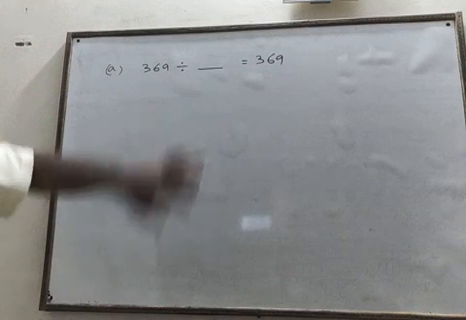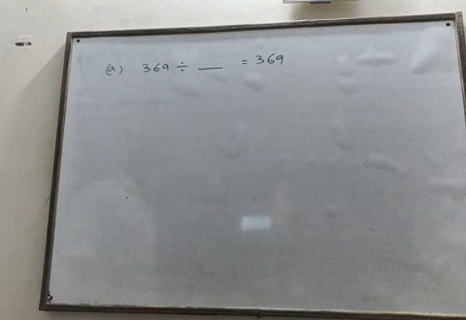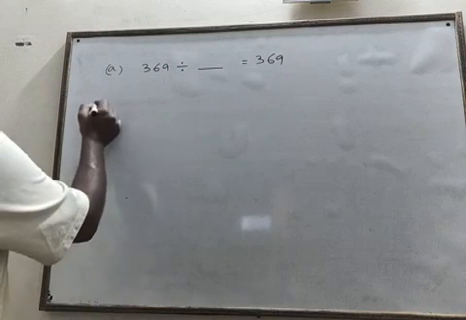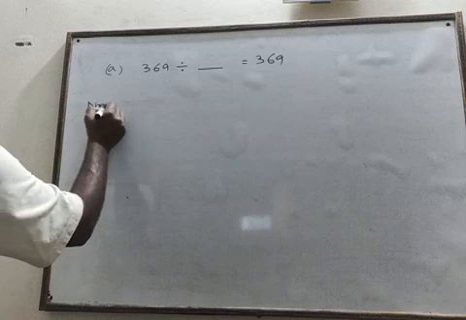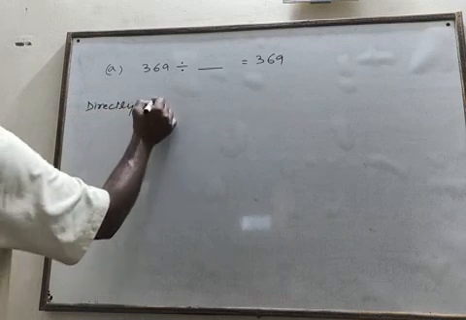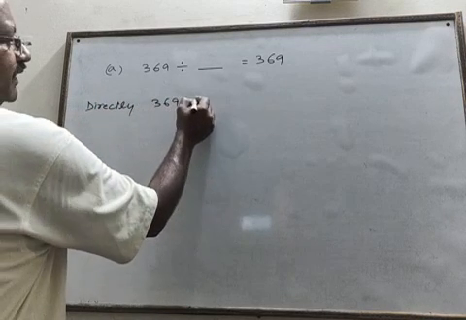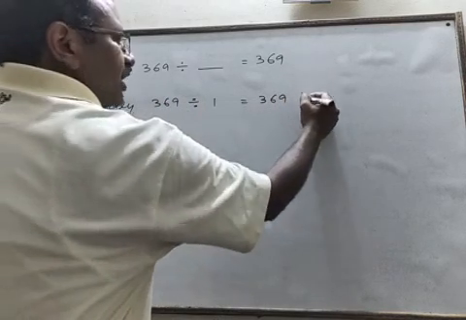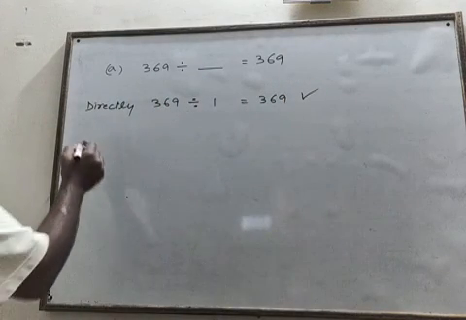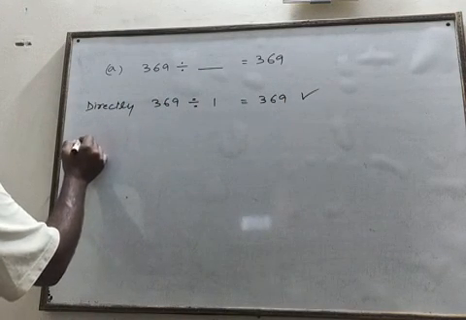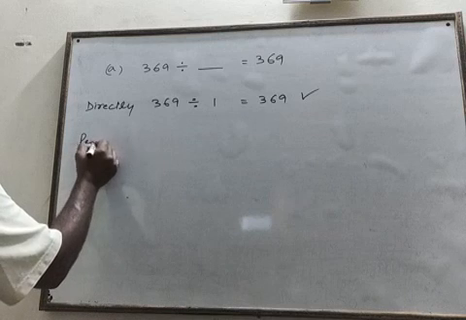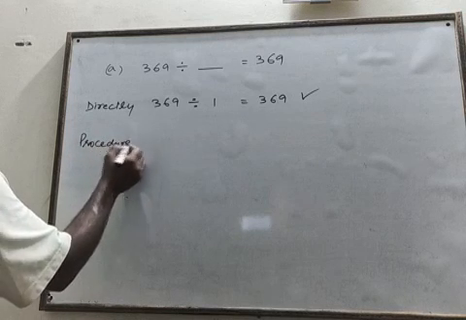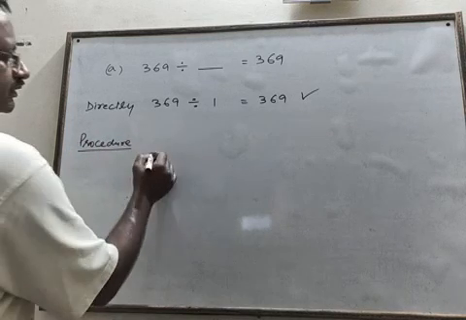So you can give the answer of such type of question directly also. Directly, 369 divided by 1 will be 369. So this will also be okay. Otherwise, you can follow the procedure also.